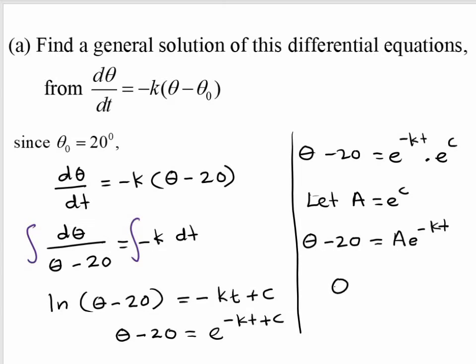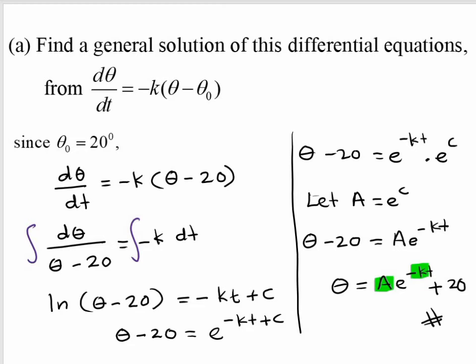So our theta equals A e to the power of negative kt plus 20. This is our general solution for the model. And now of course we have to find the value of A and the value of k.